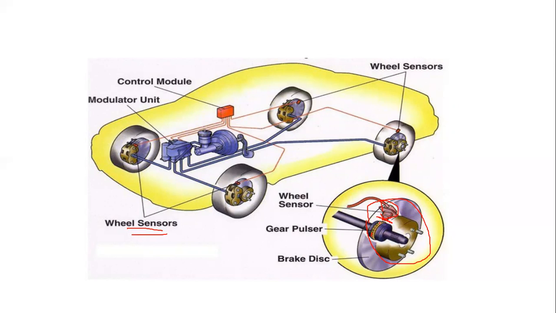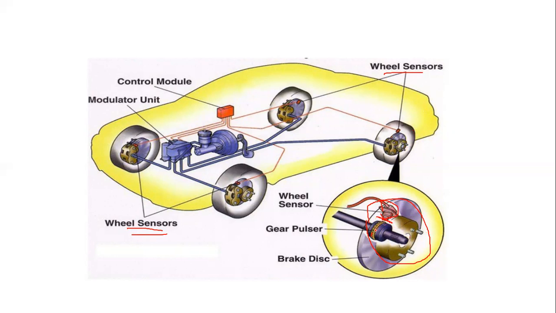Each tooth of this gear comes near to this probe, so there will be a difference in the air gap. This is the probe, this is the tooth, and this is the air gap. There will be a difference between the probe tip and the tooth. Thus this wheel sensor senses the speed of the vehicle.